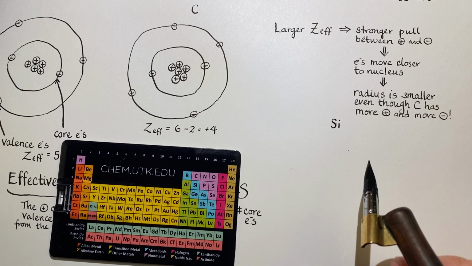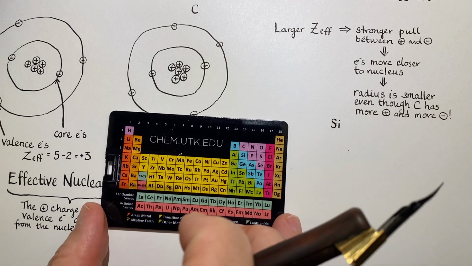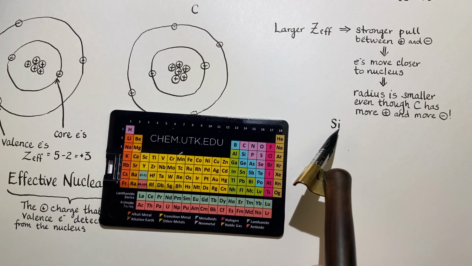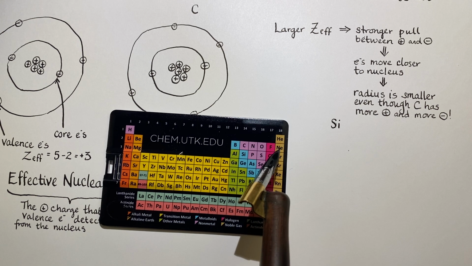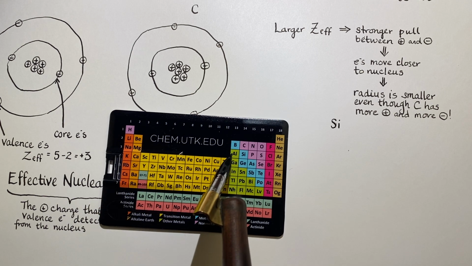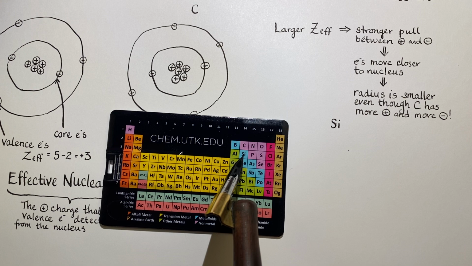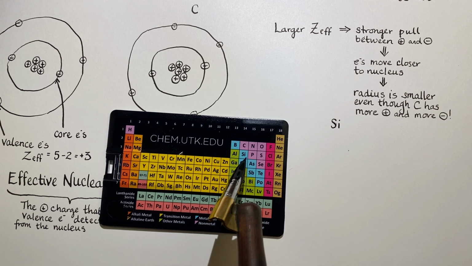Silicon now has, and we can actually see how many protons silicon would have. So we're here with carbon that has 6, 7, 8, 9, 10, 11, 12, 13, 14. Okay. Now on most periodic tables you would see atomic number 14 there. You can just go with that.